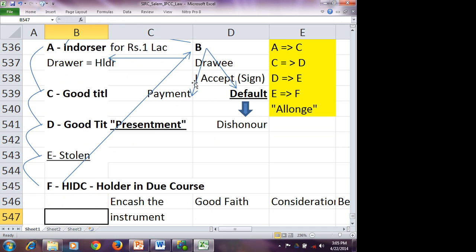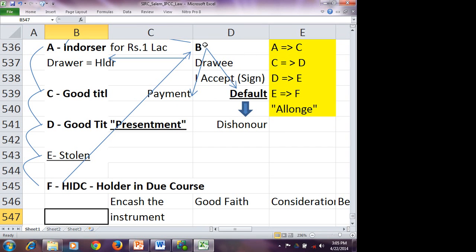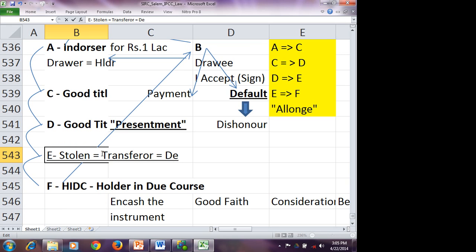On the maturity date, F goes to B, makes the presentment for payment. Can he claim the amount? Can F claim the amount from B? Will the title of F be valid? Will F get a better title here? Because the transferor's title, E is the transferor, his title is defective.